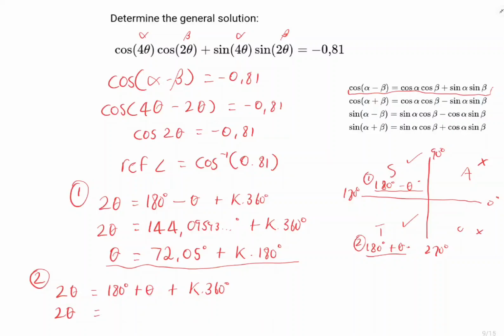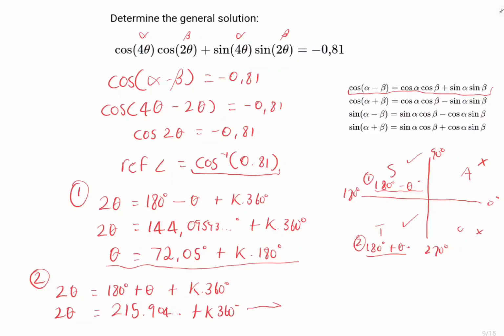Now going back, shift, say 180 degrees plus shift cos of 0.81. You're going to get 215.904. You don't round it off.